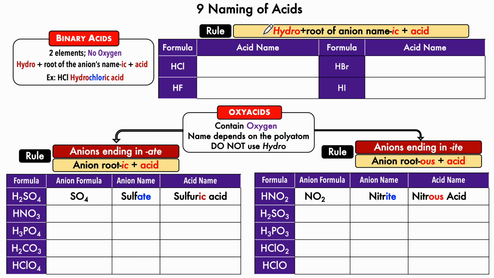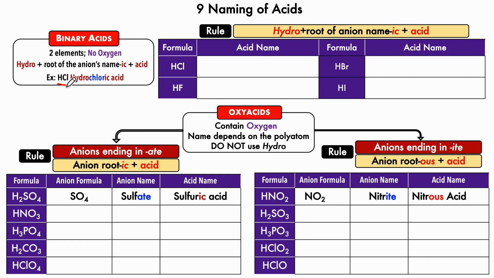The rule for naming binary acids is as follows. They all start with hydro, then the root of the anion name ending in "ic", plus acid at the end. For example, HCl. HCl is a binary acid because it contains two elements only, hydrogen and chlorine.